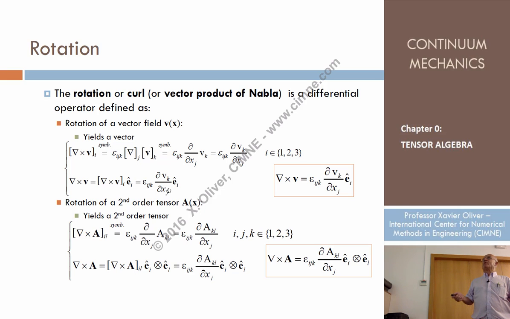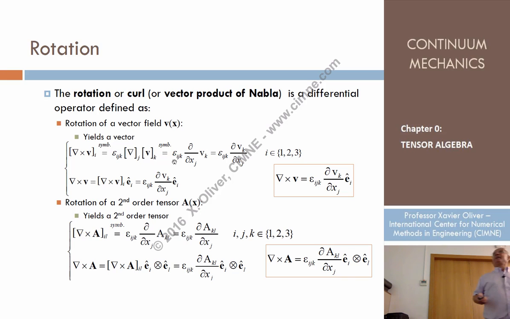When I look for component 1, by doing this operation epsilon ijk, it's only when i is equal to 1 that this term is different from 0, when j is equal to 2 and k equal to 3, or j equal to 3 and k equal to 2, because otherwise that operator will have a repeated index and is 0.